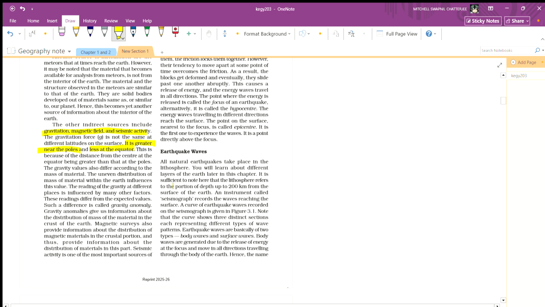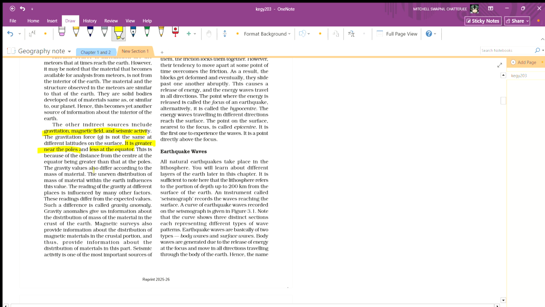This is because the distance from the center at the equator is greater than that at the poles. Like if we take from here, India, it will take a lot of time to get to the center, hypothetically.